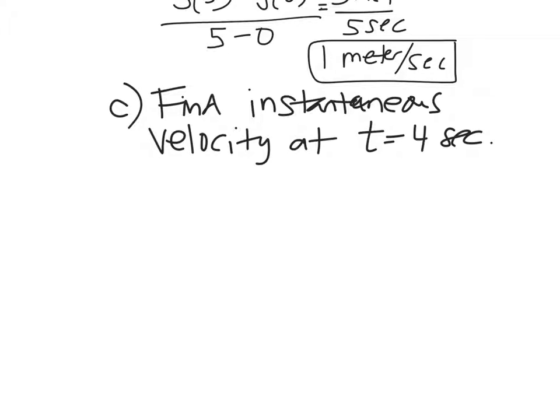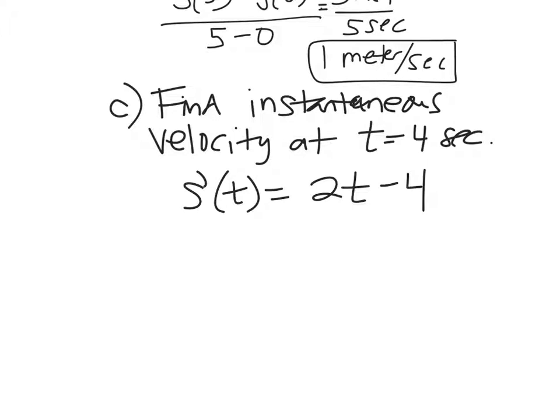Well, what you're going to do is take the derivative. So instantaneous velocity is f prime of x, in this case s prime of t, and you get 2t minus 4. Okay, nice shortcut. Don't have to take the limits anymore.